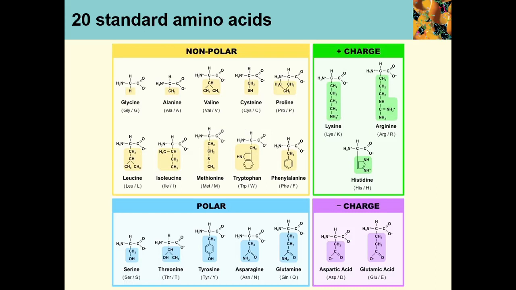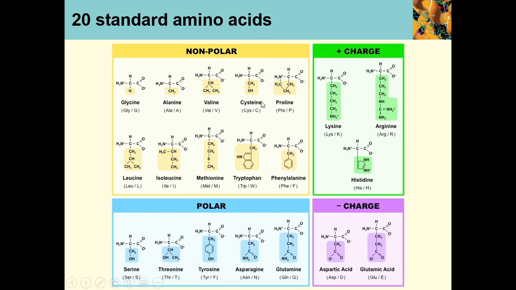So last time we discussed already the 20 standard amino acids, and when we mean standard amino acids, these are amino acids that are usually found in your proteins. So we can also call these 20 standard amino acids your proteogenic amino acids.